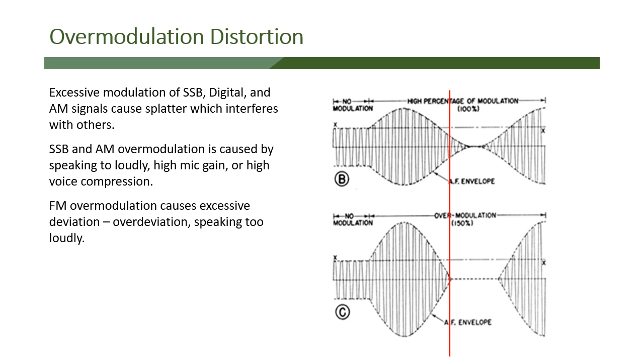That's overdeviation. That's generally due to speaking too loudly, and you'll often hear the other amateur radio operator say to you, "Hey, you're a bit distorted. You're overmodulating. You might want to do one or two things: move the microphone further away from your mouth, speak at a lower volume, or if you have mic gain turned on, turn your mic gain down a little bit."